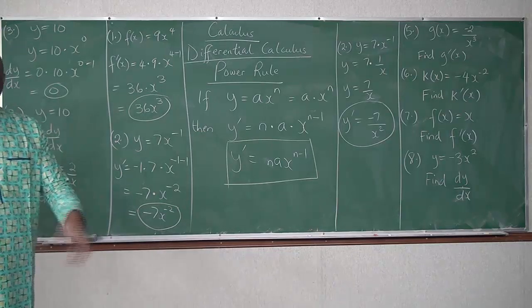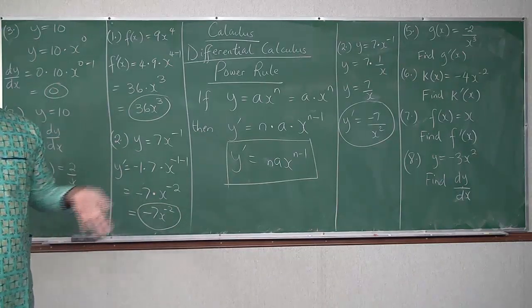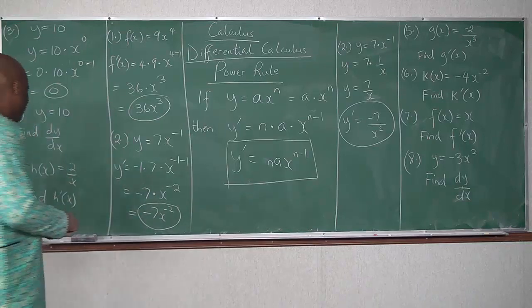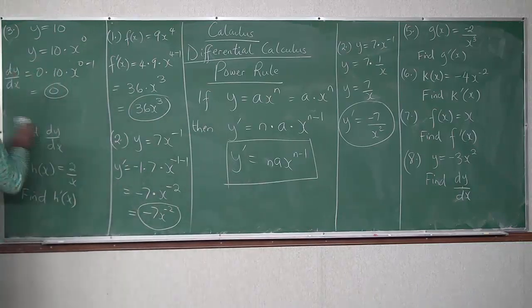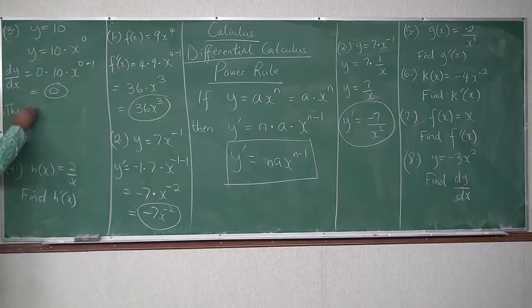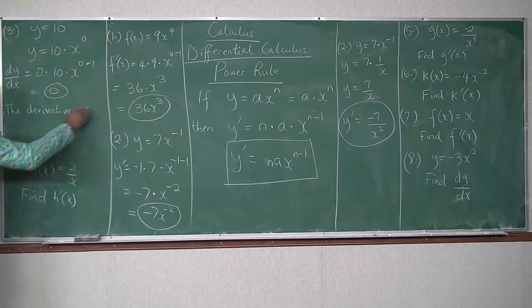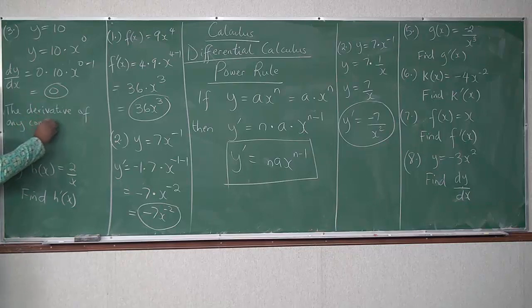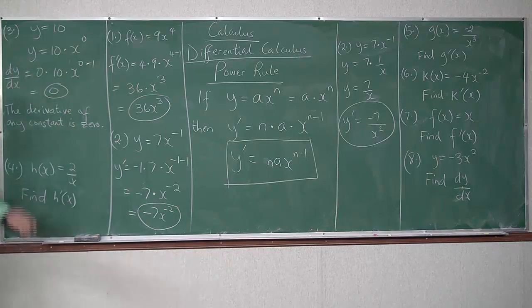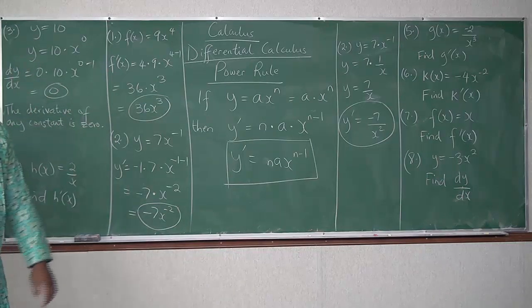So that is why we say that the derivative of any constant is 0. Because of that we put it.